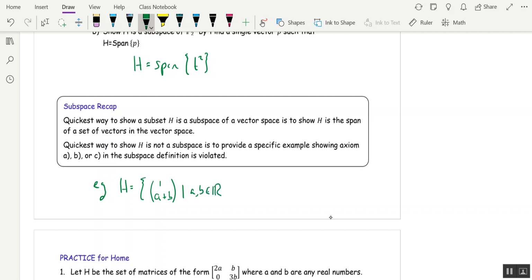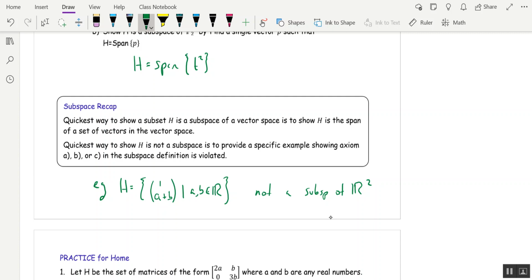That's a silly example, but I'll just go with it. Okay, this is not a subspace of R2.